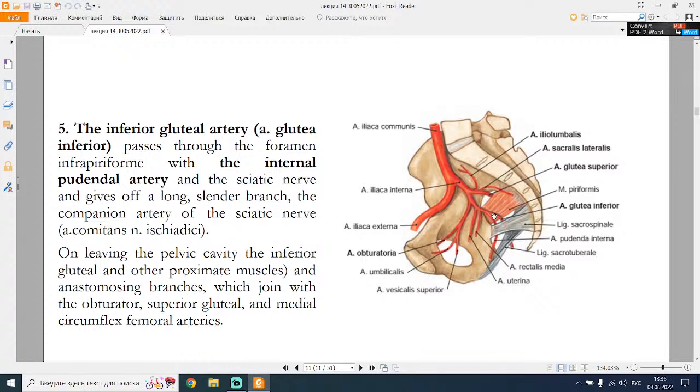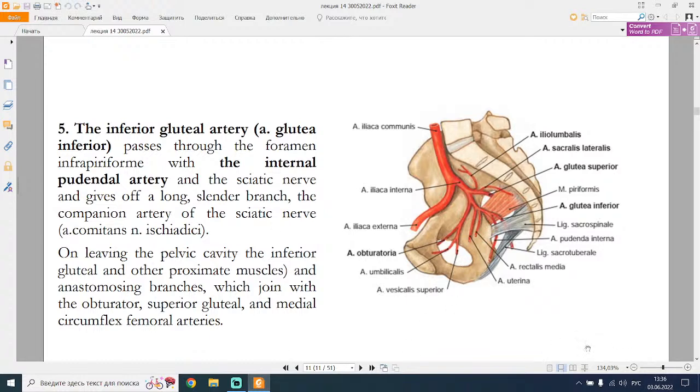This is musculus piriformis. Arteria glutea inferior passes through the foramen infrapiriforme, with the internal pudendal artery, arteria pudenda interna, and the sciatic nerve, and gives off a long, slender branch, the companion artery of the sciatic nerve, arteria comitans nervi ischiadici.